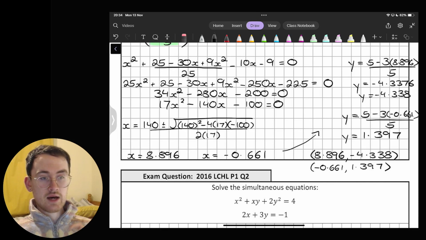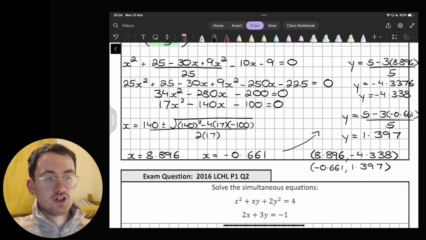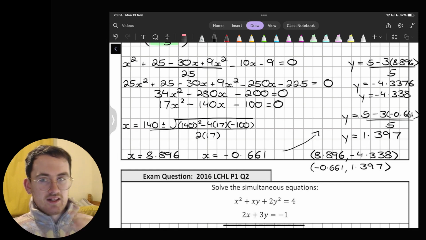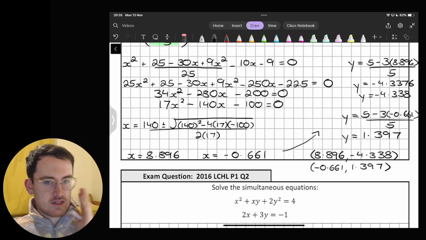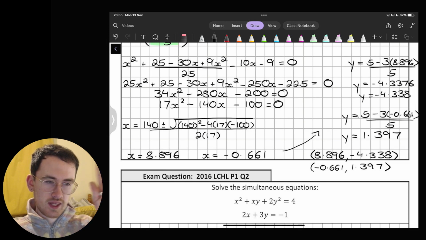Now I know absolutely nothing about sailing, but let's just say that those are reasonable answers. At the end of the day, it's just a word problem. They're just trying to put some words onto your maths questions to make you think about it. Thinking about what that means, it's the 2 points that my ship crosses into Irish waters. So we're presuming the Irish waters border has some sort of non-linear path.